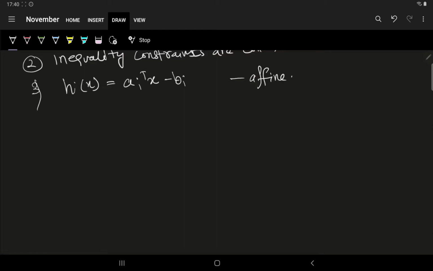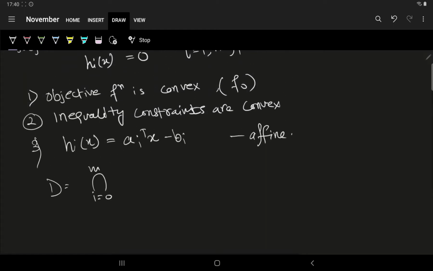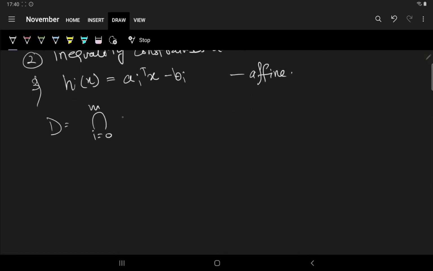And the domain is the intersection of all the objective function and inequality function domains.